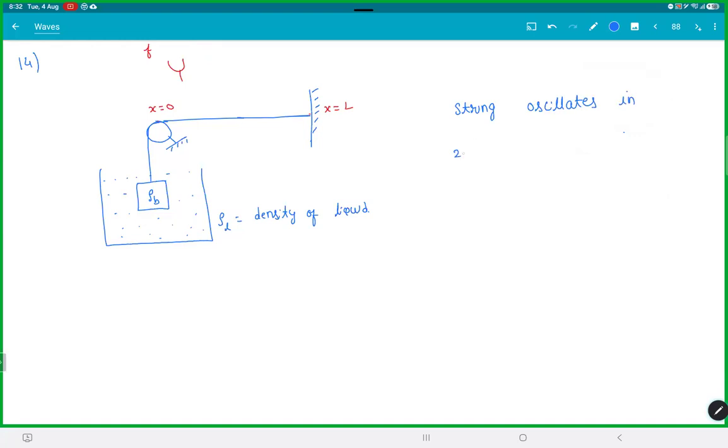in the second overtone. Hope you remember what an overtone is. The frequency is after the fundamental, right? Before immersing, and third overtone after immersing.